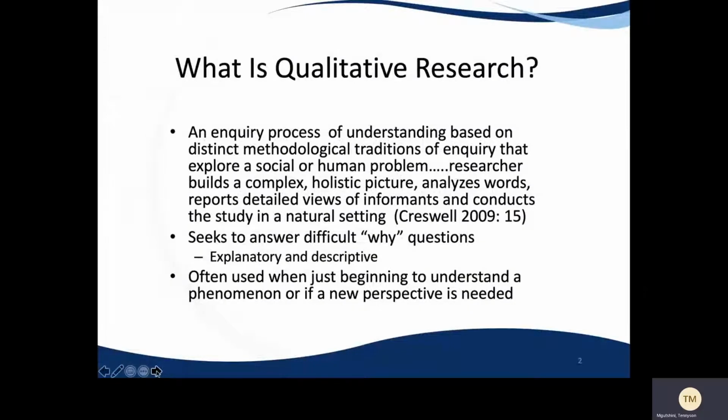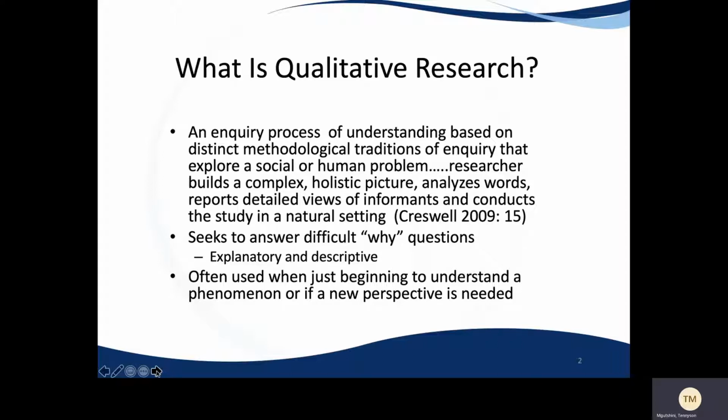So as always, I want to begin by clarifying the concept that we're discussing and looking at, which in this case is qualitative research. Creswell defines qualitative research as an inquiry process of understanding based on distinct methodological traditions of inquiry that explore a social or human phenomena or human problem.